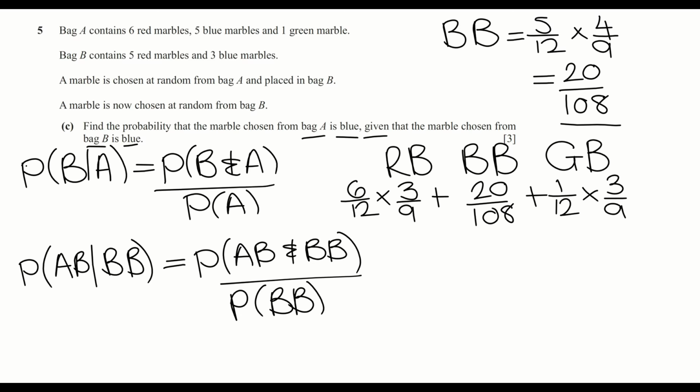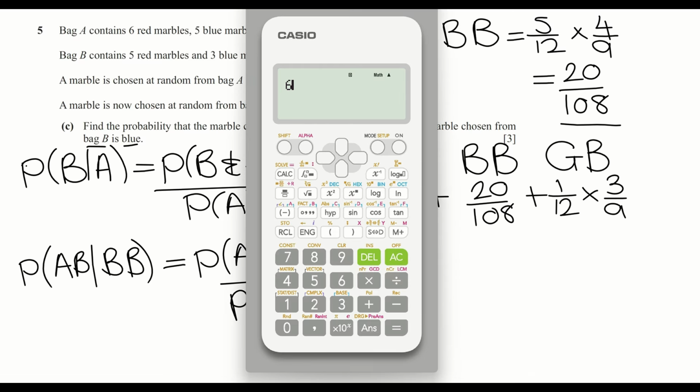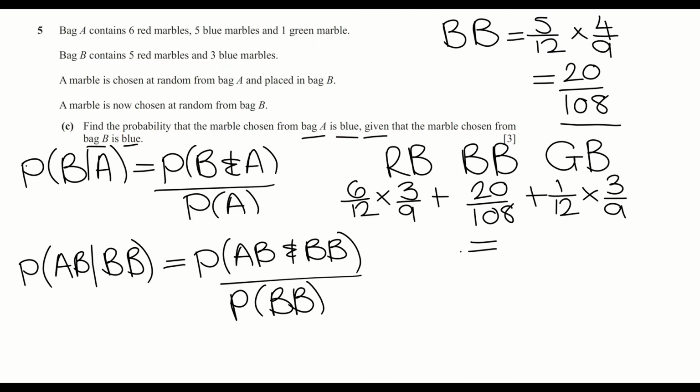Now I can put this into my calculator. 6/12 multiplied by 3/9 plus 20/108 plus 1/12 multiplied by 3/9 is equal to 41/108. I'll make a note of this over here, 41/108. Now I can fill my values into the formula.